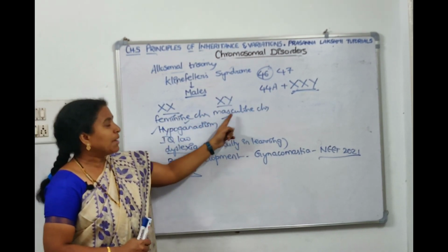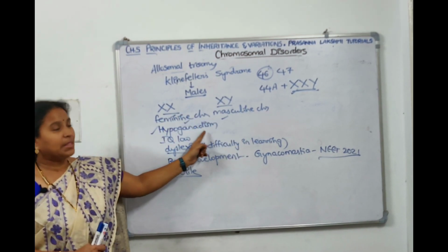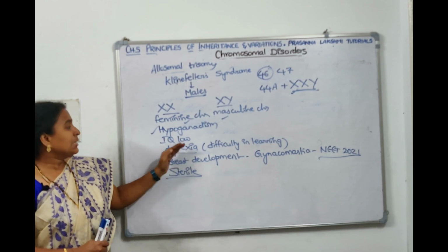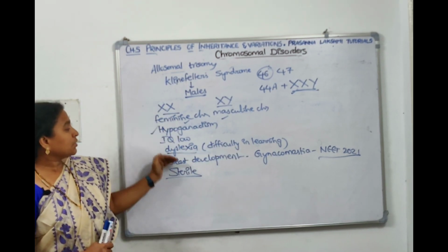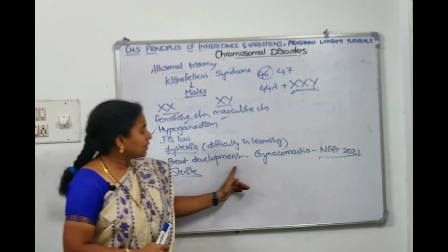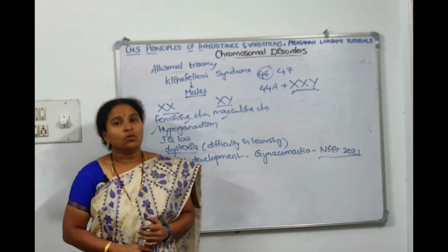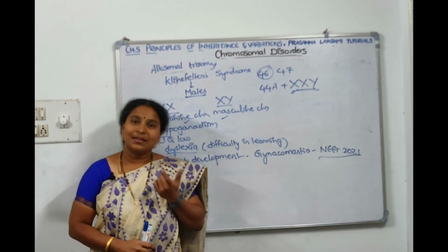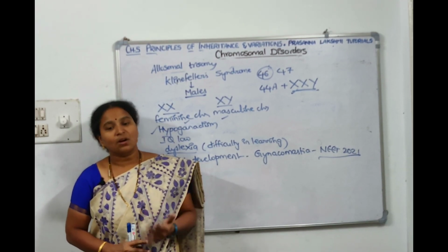Since XY are there, masculine characters can be seen. But because of presence of both, hypogonadism will be there. IQ will be less. Dyslexia, difficulty in learning. Because of the presence of X and X, breast development will be there, which is called as gynecomastia. This appeared in the NEET 2021 examination and they are sterile. So allosomal disorders are sterile, they are not transmitted. Whereas Down syndrome, they are fertile but it is not transmitted.